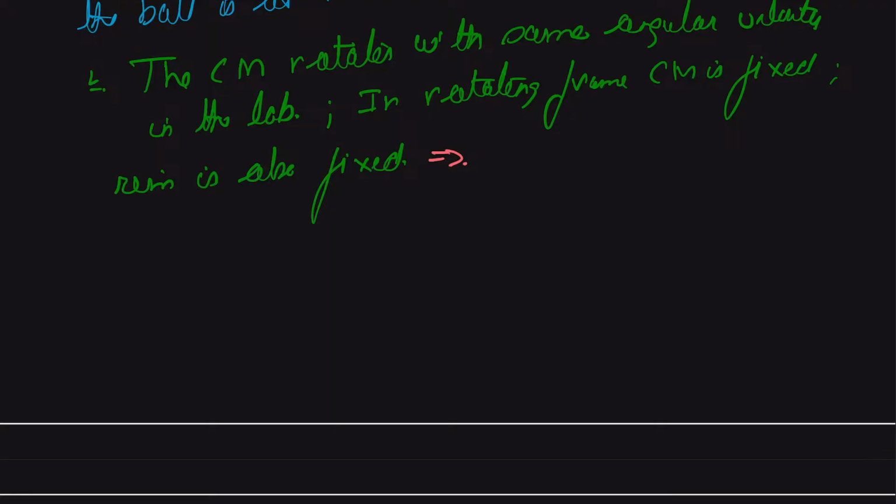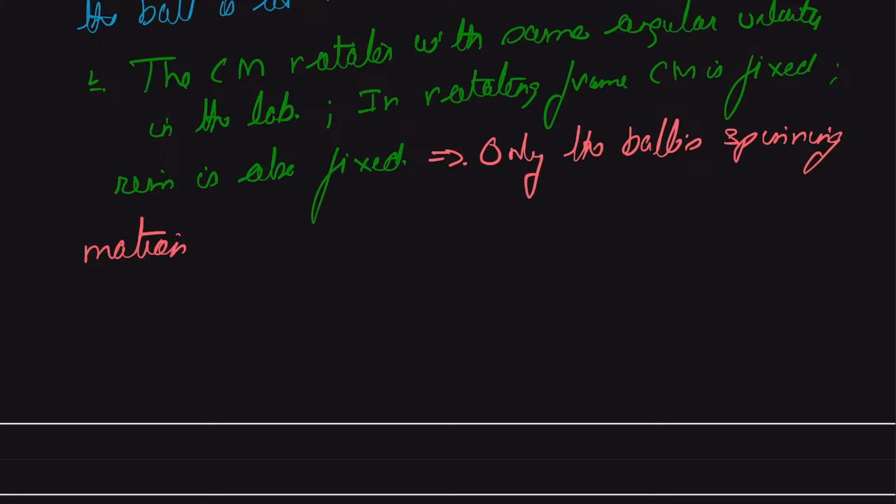So now only the ball's spinning motion is left. For the sake of discussion, this entire analysis is now quite simple because we are only going to discuss the motion of the ball in its own spinning motion. So that's the basic premise of this discussion.